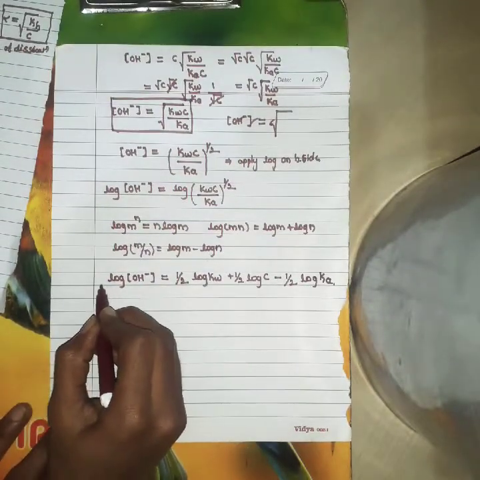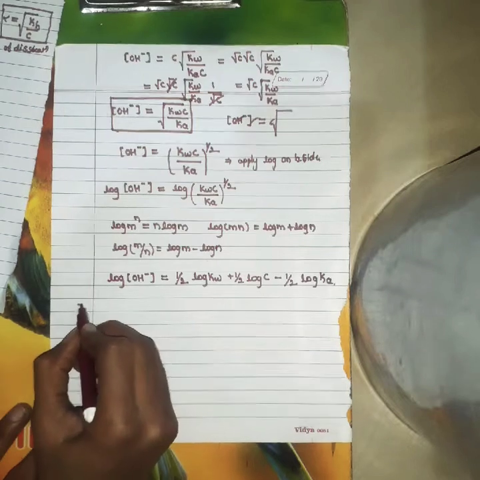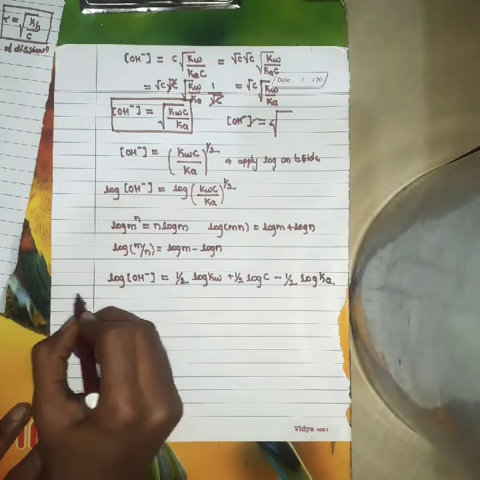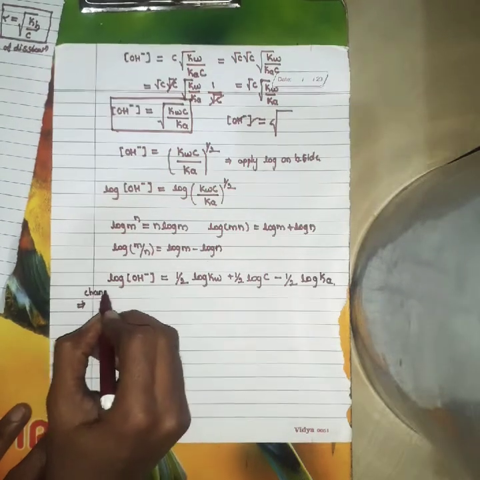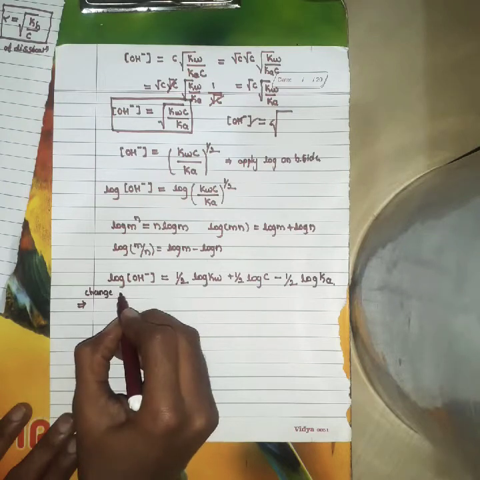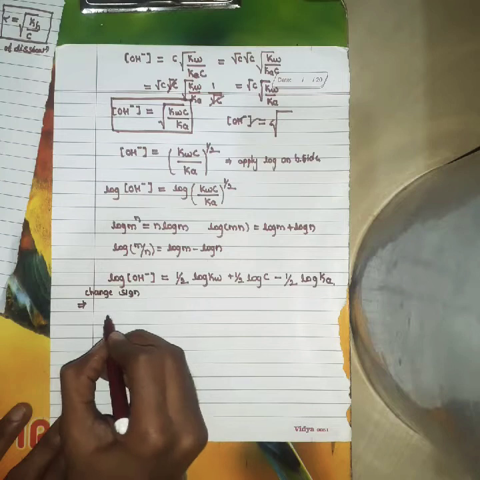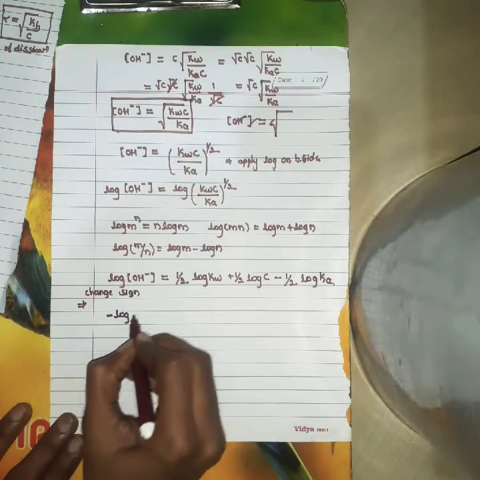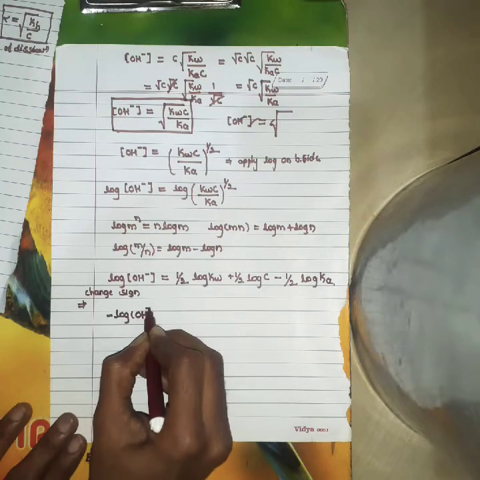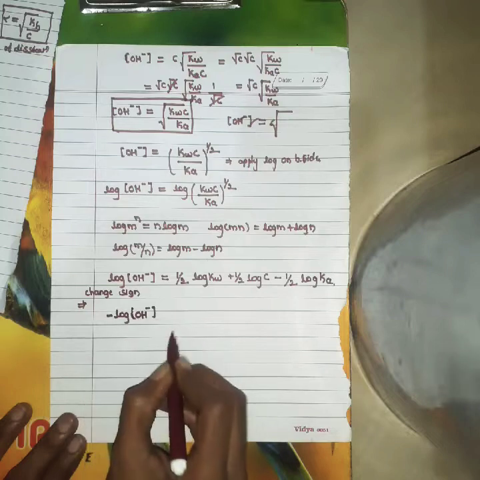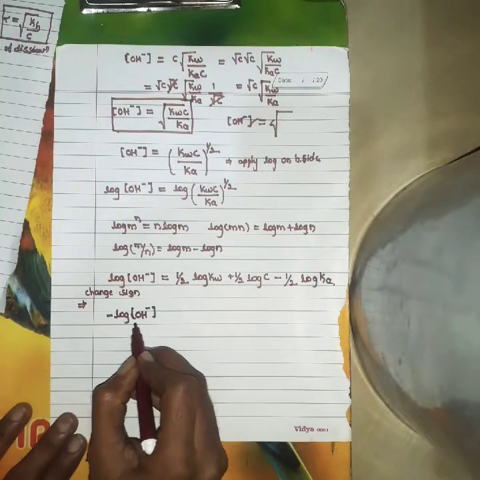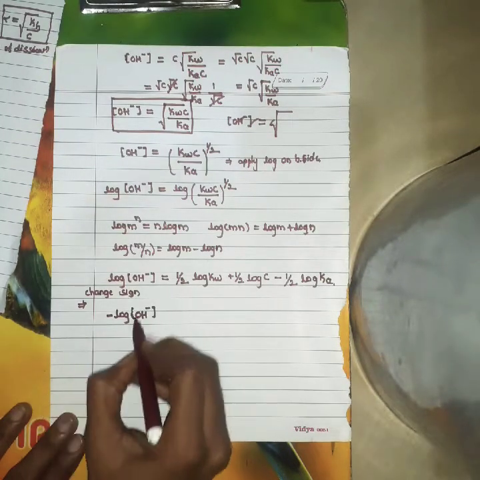Then apply a negative to the whole equation. Simply change the sign of everything. It becomes minus log of OH minus; why it becomes minus, I will explain later.